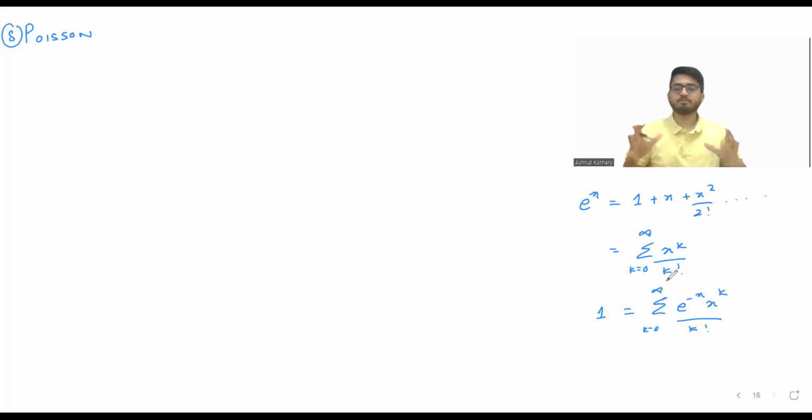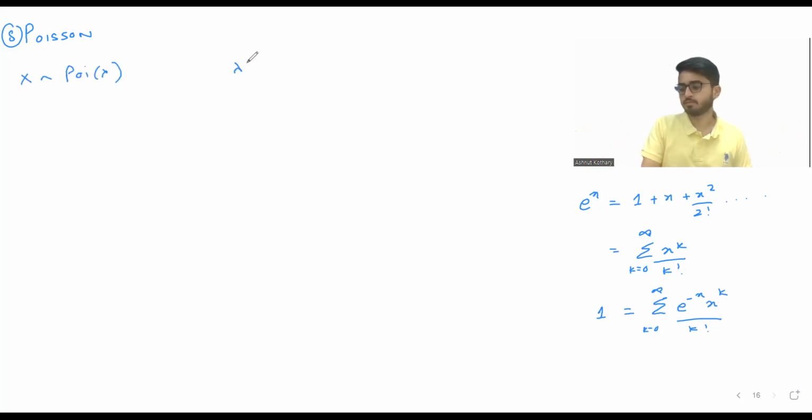Any sort of function which adds up for its entire range to give us 1 can be used as a probability function, right? So you could think this to be the motivation of this distribution where x follows Poisson lambda. Note that this parameter must always be greater than 0. Now keep in mind, whatever distributions we did, the probability was very obvious. Here there is no intuitive meaning for why this probability is coming.